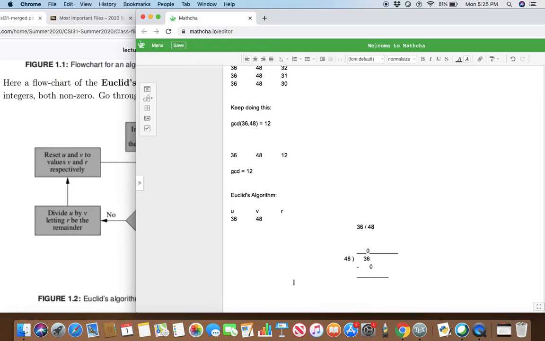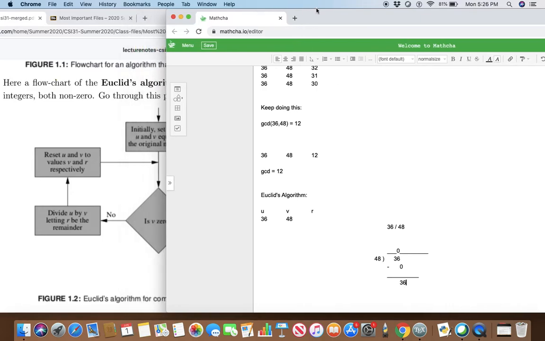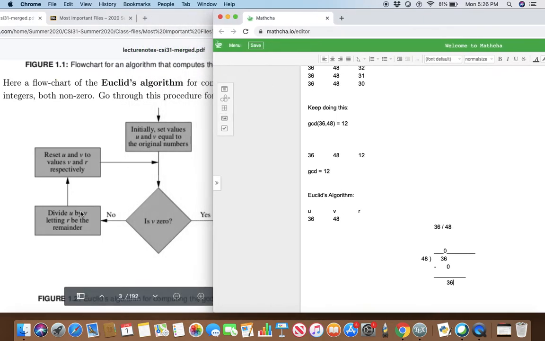So that gives me remainder to be 36. I hope this is clear. 48 is bigger than 36, so it goes 0 times. When I subtract, that is my remainder. All right, so keep that in mind. So remainder is 36.